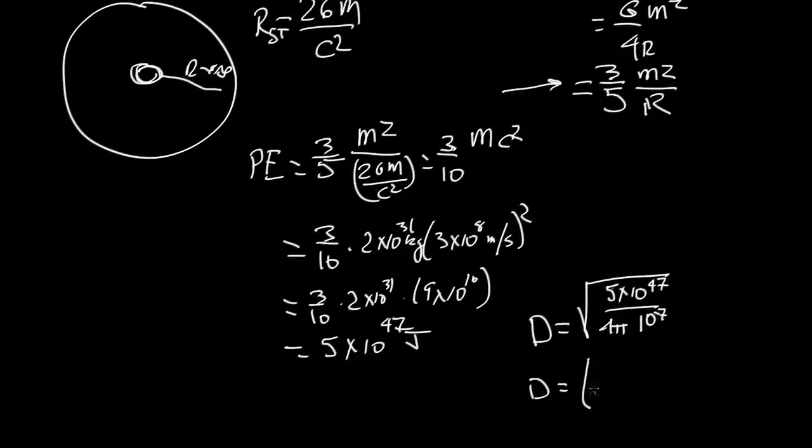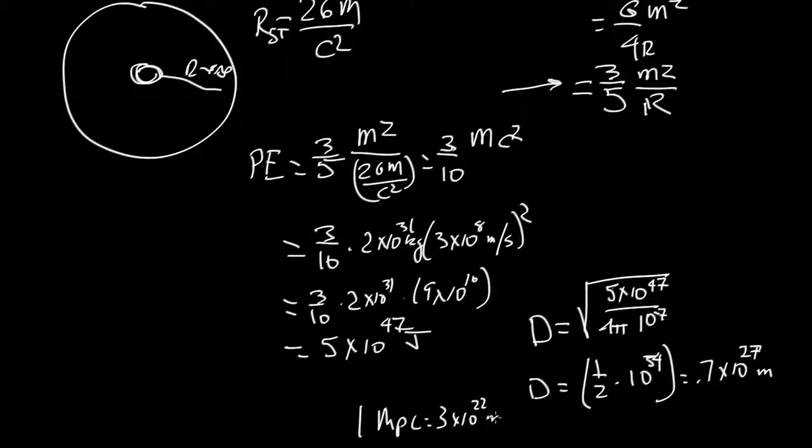So I have the square root of a half times 10 to the 54, which equals the square root of a half, about 0.7, times 10 to the half of 54, which is 27 meters. So given that 1 megaparsec is equal to 3 times 10 to the 22 meters, this corresponds to 2 times 10 to the 4 megaparsecs. And that is the edge of the universe.